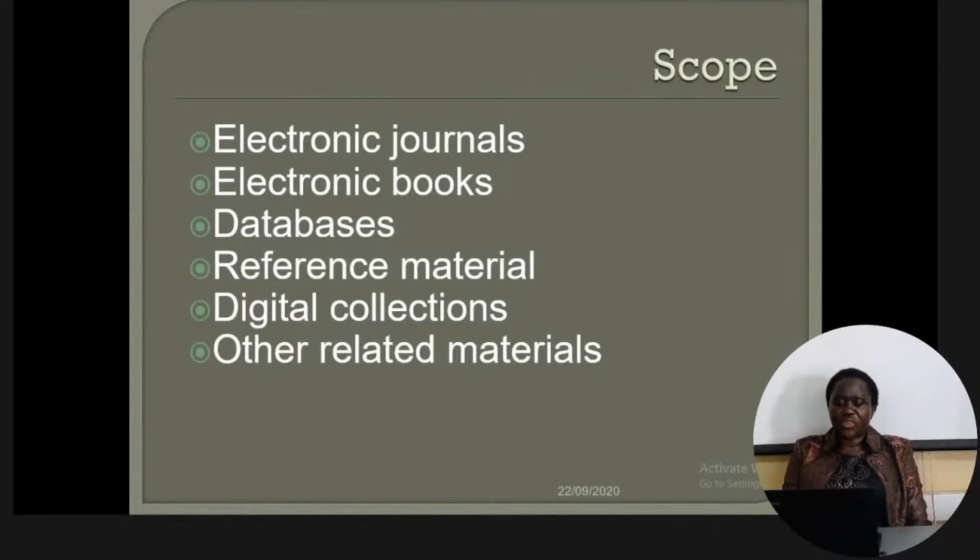So when we are talking about e-resources, I want us to broaden our minds from just specific e-journals and e-books to broader e-resources beyond e-journals and e-books, and that means websites and publications on websites.